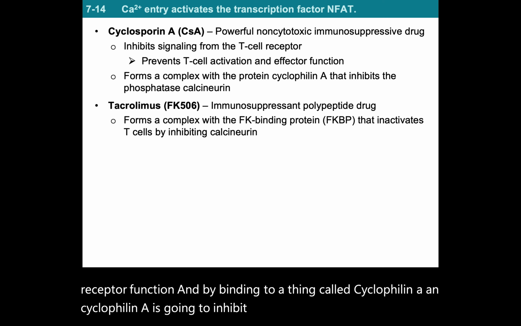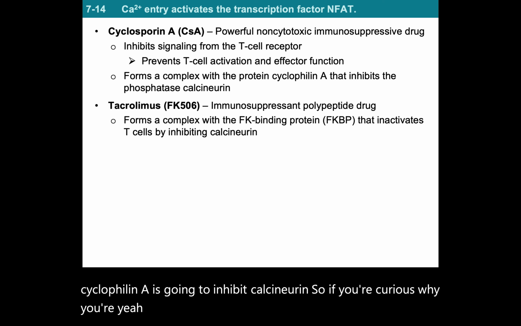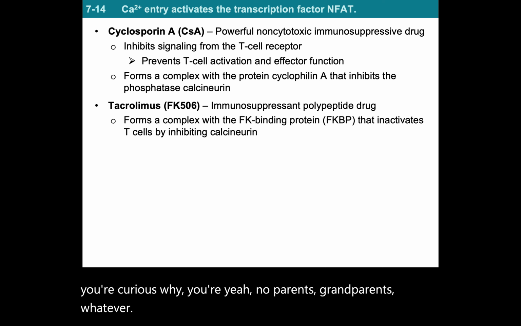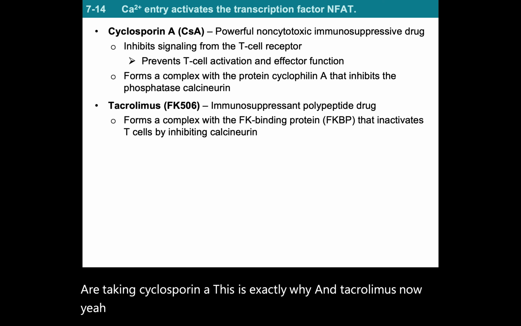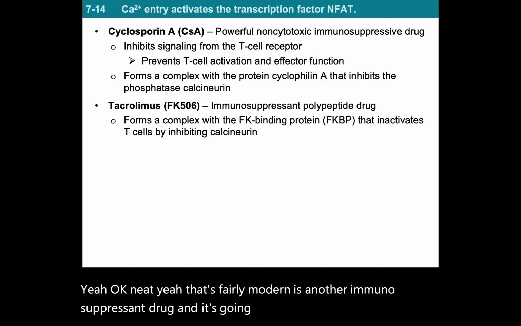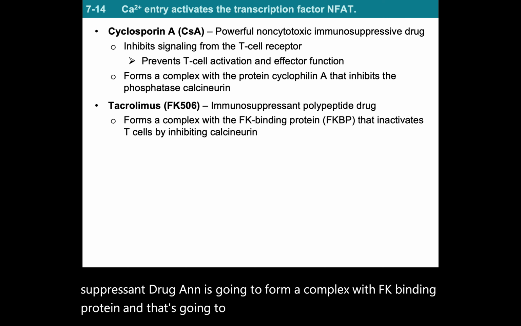So if you're curious why your parents, grandparents, whatever, are taking cyclosporin A, this is exactly why. And tacrolimus, neat, that's fairly modern, is another immunosuppressant drug. And it's going to form a complex with FK binding protein, and that's going to inactivate T cells by, once again, inhibiting calcineurin, the phosphatase.